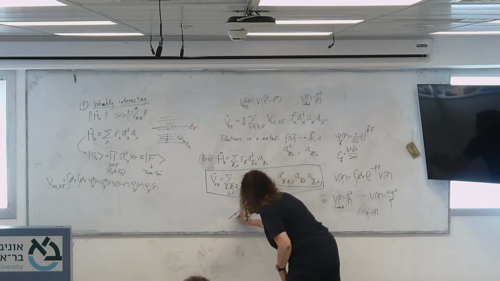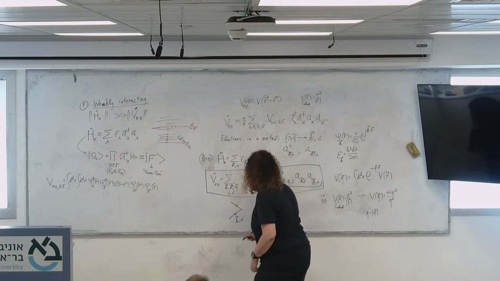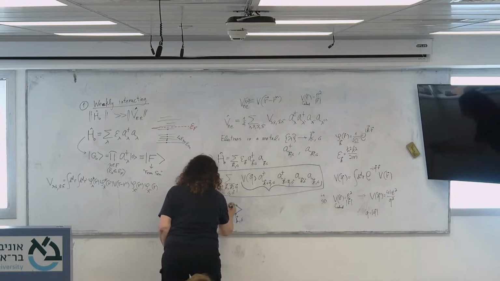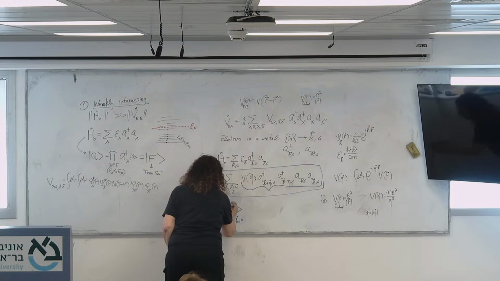I have a particle that comes with momentum k and spin sigma. It meets another particle with momentum k prime and spin sigma prime.